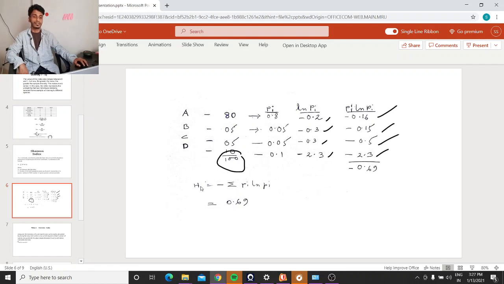As I said, the formula was H is equal to minus summation of pi into ln pi. After putting in pi into ln pi, we will get 0.69 because minus minus will be plus.